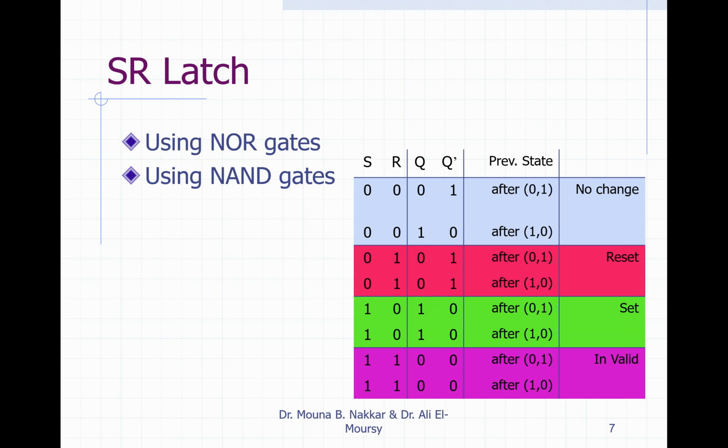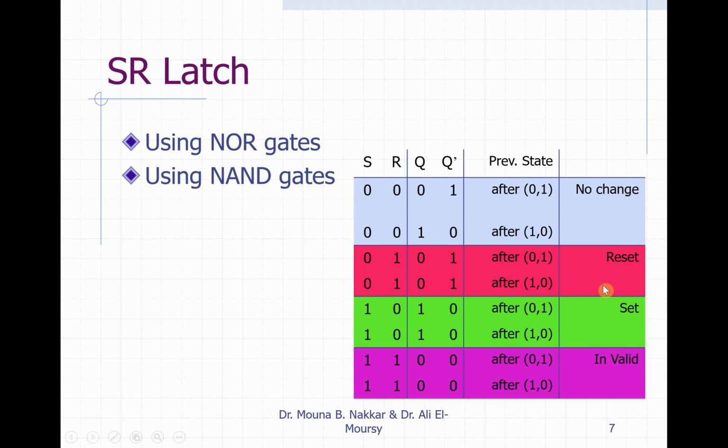Okay, so accordingly, here we wanted to summarize in a table which we call the characteristic table, that actually shows how the SR latch is working. So for S R 0 0, there is no change, so the value for the output will remain Q. When I have S 0 and R 1, the output will be forced to reset. Why do we call it reset?